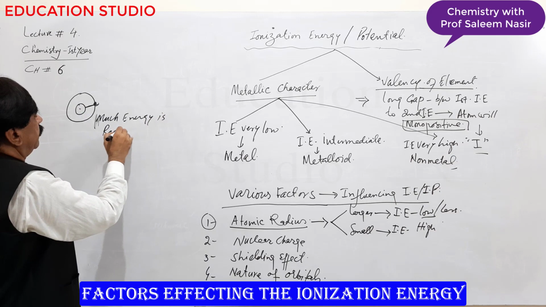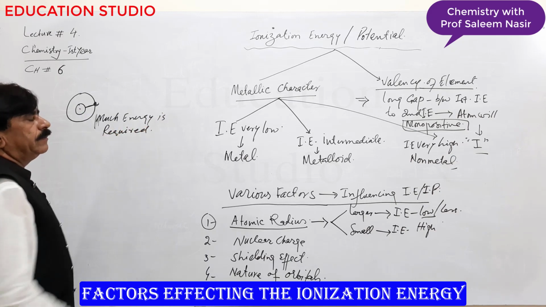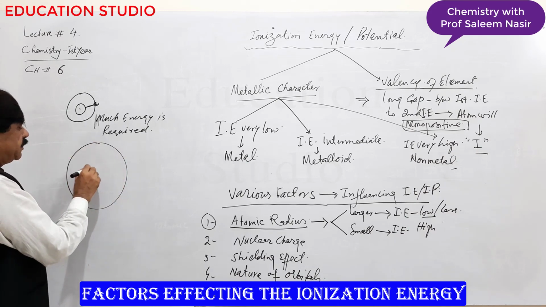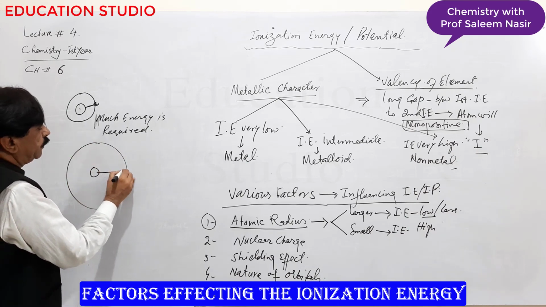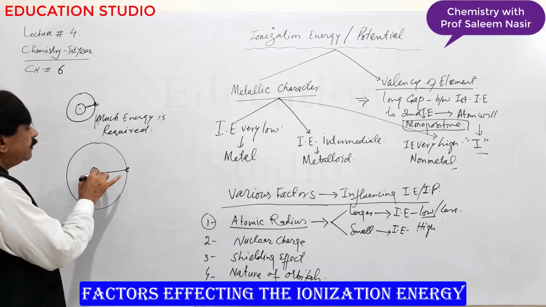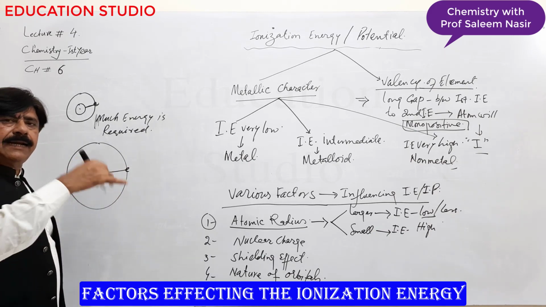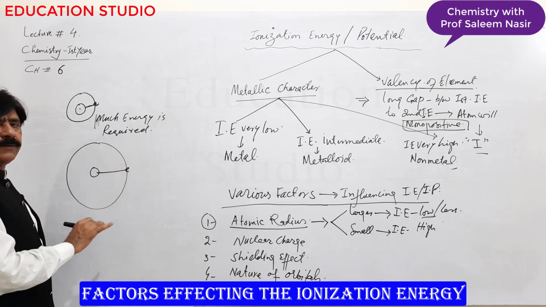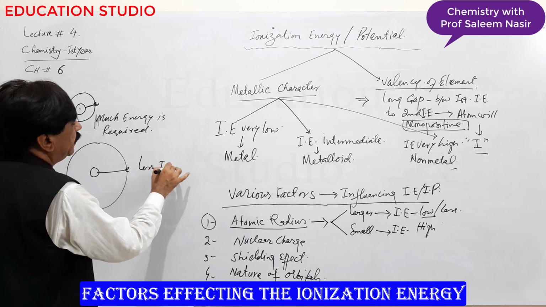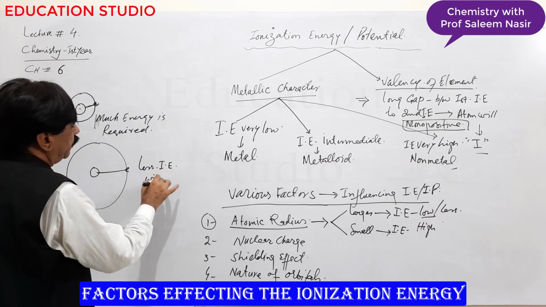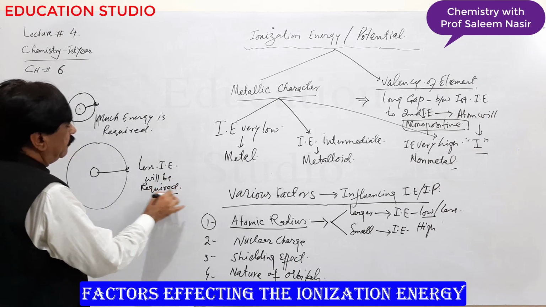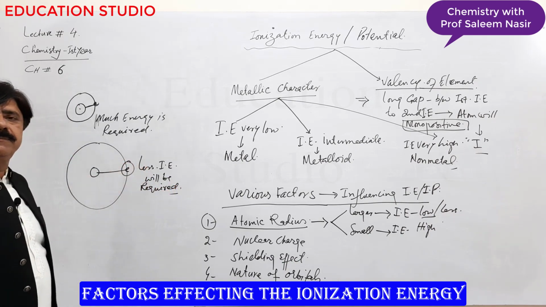But when the size of the atom is very large, then the influence of the nucleus on the valence electron is less. So a lesser amount of ionization energy will be required to remove the valence electron of that atom.